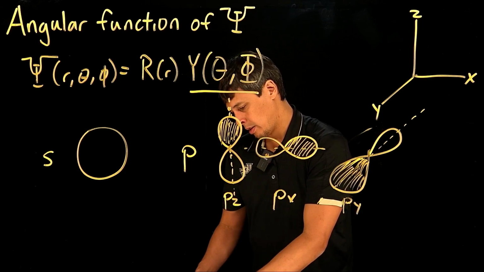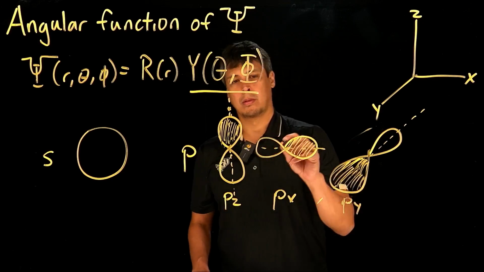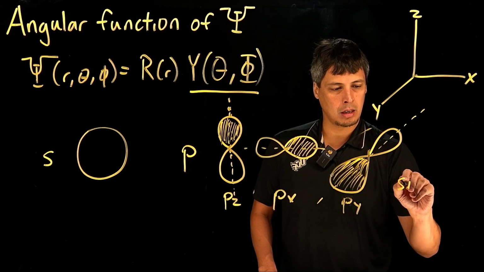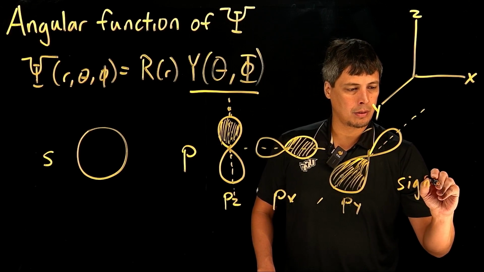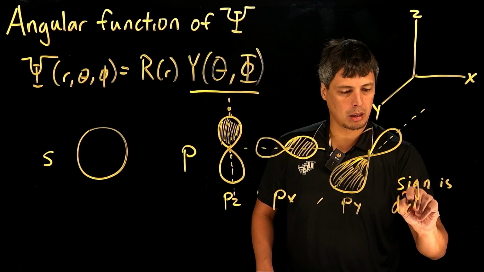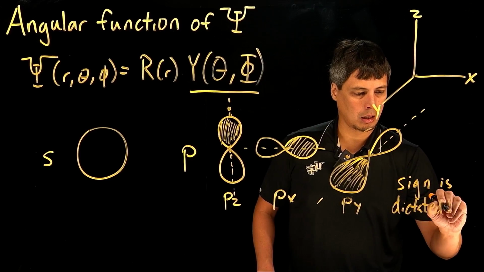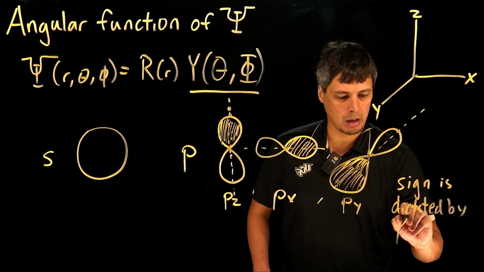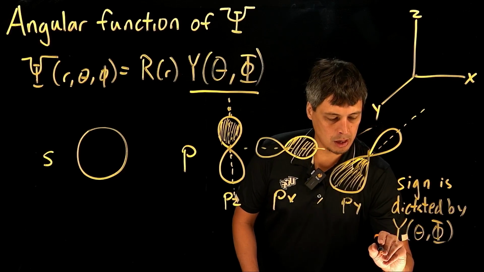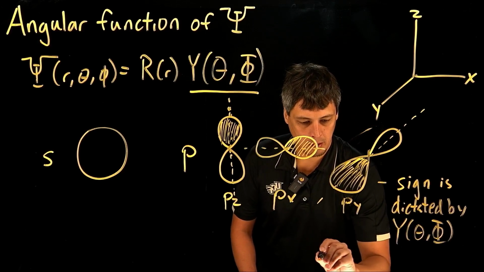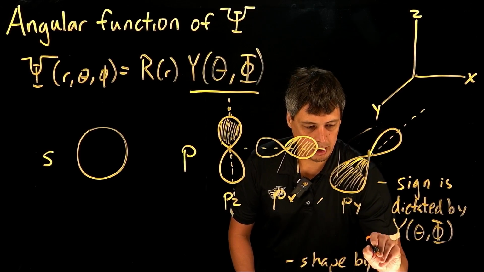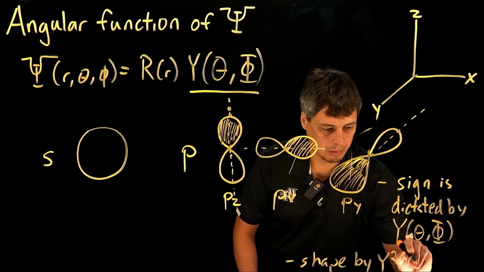So again, the sign is dictated by Y of theta phi, and the shape by Y squared of theta phi.